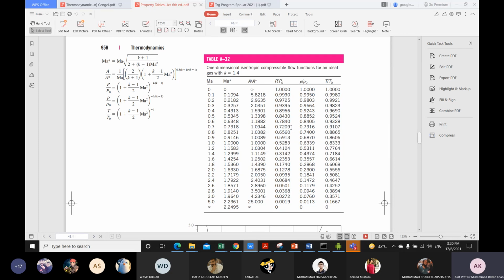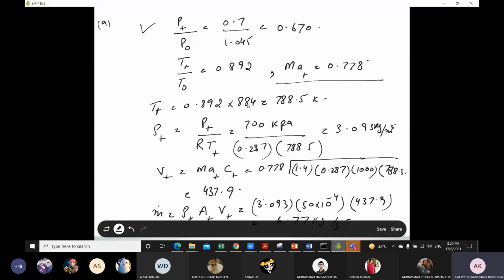So the procedure is same, you have to apply the interpolation between these 2 points and you have to find the value of t by t naught first and then Mach number as well. Okay, so Mach number is in between 0.7 and 0.8. Okay, so once you know these two values, Mach number and t by t naught, then the procedure is mentioned in the slide as well.